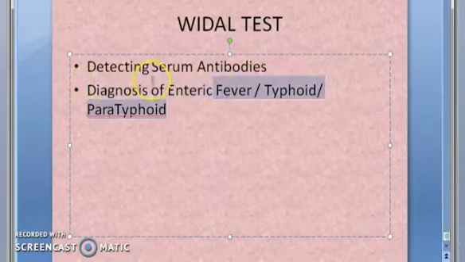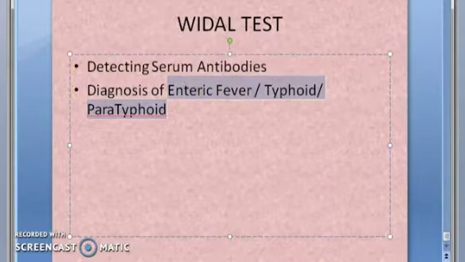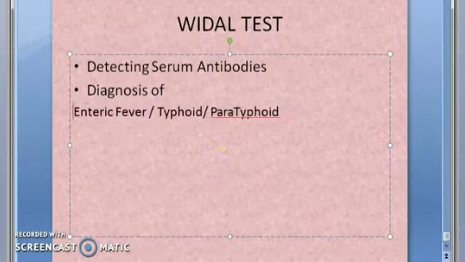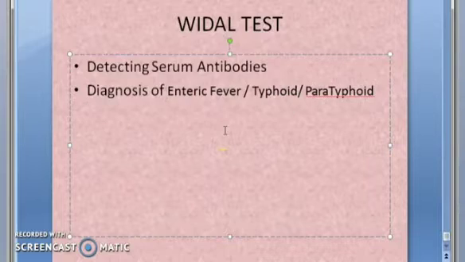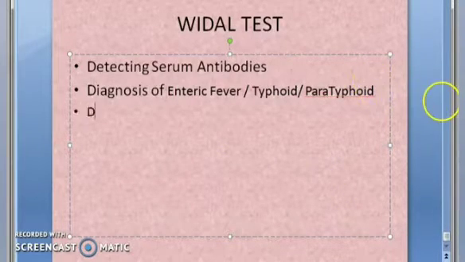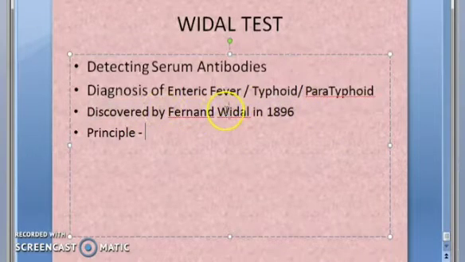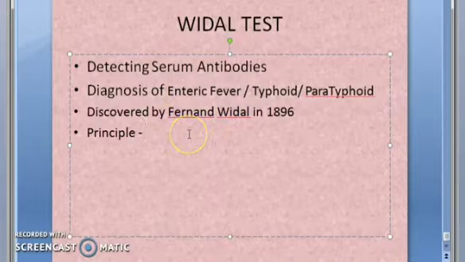Moving on, it was discovered by Fernand Widal in 1896. Who discovered the Widal test? Widal himself discovered the Widal test.